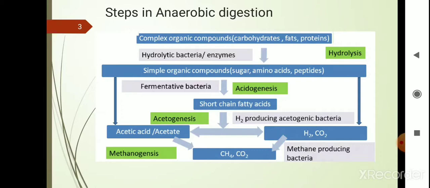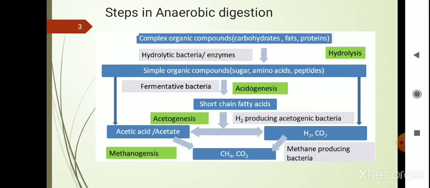The carbohydrate will be converted into sugar, mainly glucose. Then protein will be converted into amino acids, and fat will be converted to peptides or fatty acids. So this is our first step: converting complex carbohydrates, fats and proteins into sugar, mainly glucose, and amino acids and peptides.